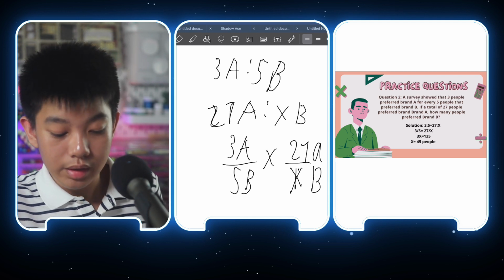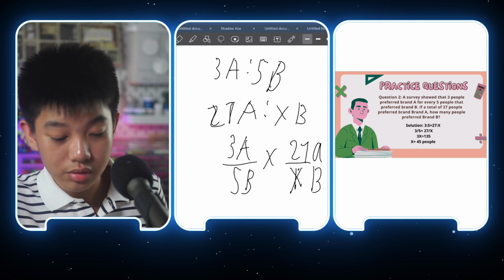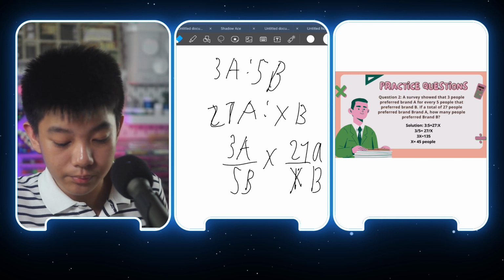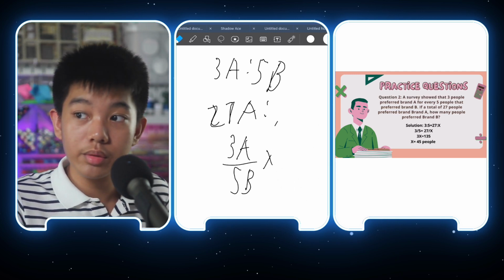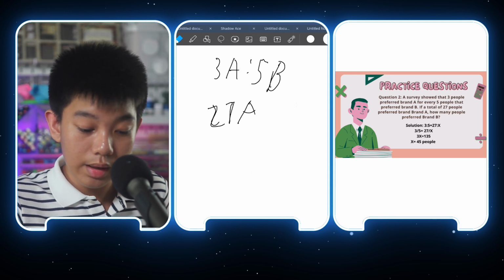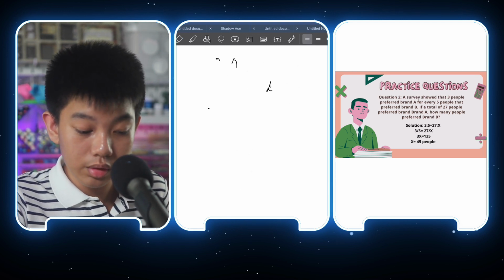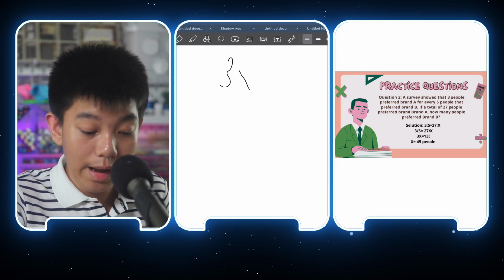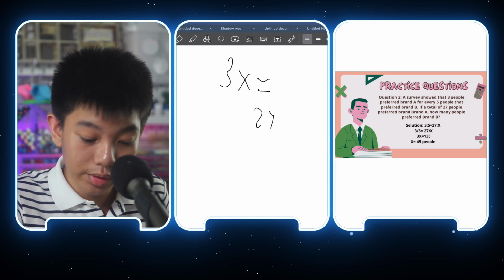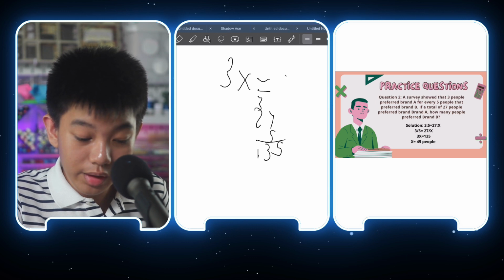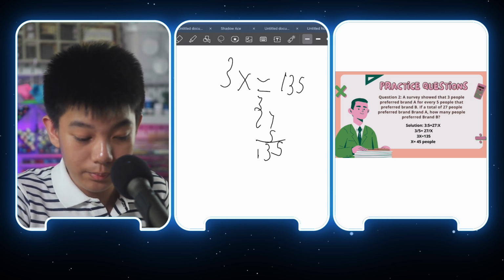Once you do the cross multiplication, you should end up with 3x is equal to 27 times 5, which would give you 135 people.